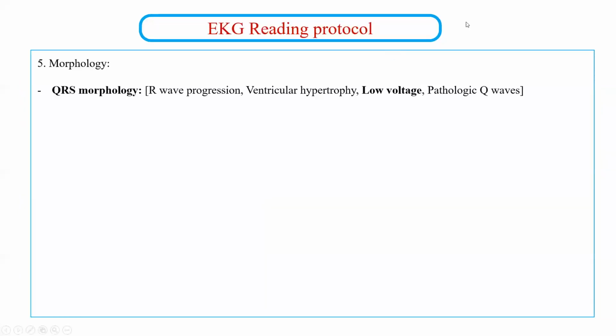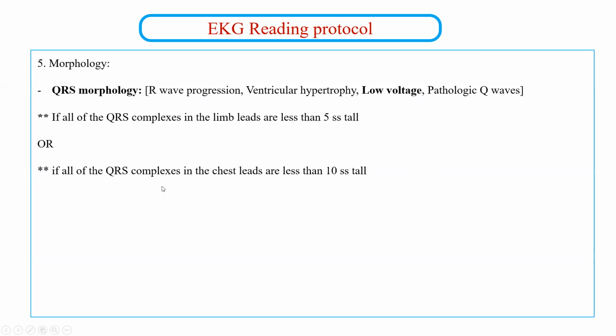All right. After that, we look at if there is low voltage. Low voltage has 2 criteria. One of them is sufficient. Number 1, you look at the QRS complex in all limb leads, AVL, AVF, AVR, lead 1, lead 2, lead 3. If all the QRS complexes in all these leads are less than 5 small squares tall, this is low voltage.